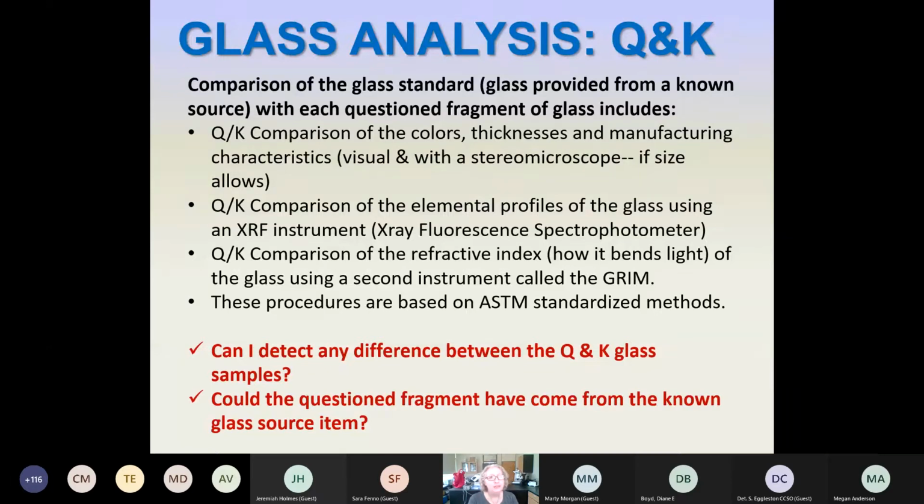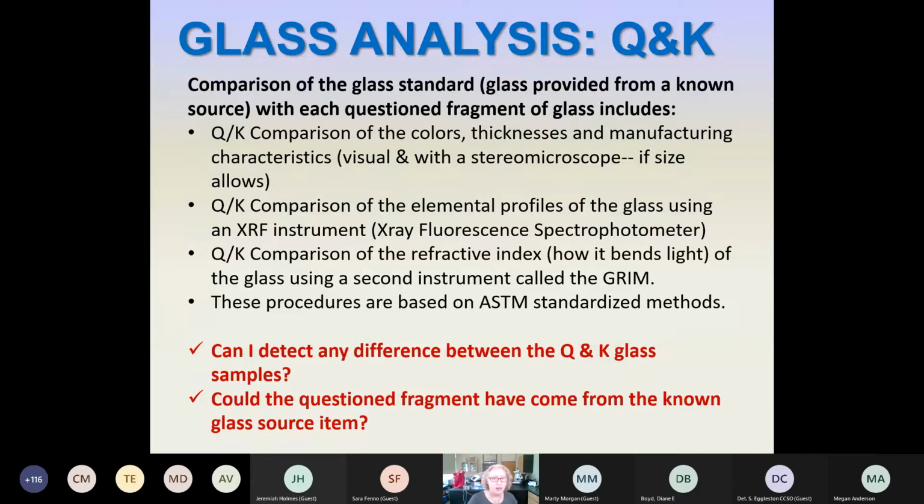And we can only do this if size allows of the particles. Sometimes the particles of question glass are too small to even do this step, and we have to skip over it. But given large enough particles, we will compare the colors, the thicknesses, and the manufacturing characteristics of the Q and the K to see if they are consistent with one another.